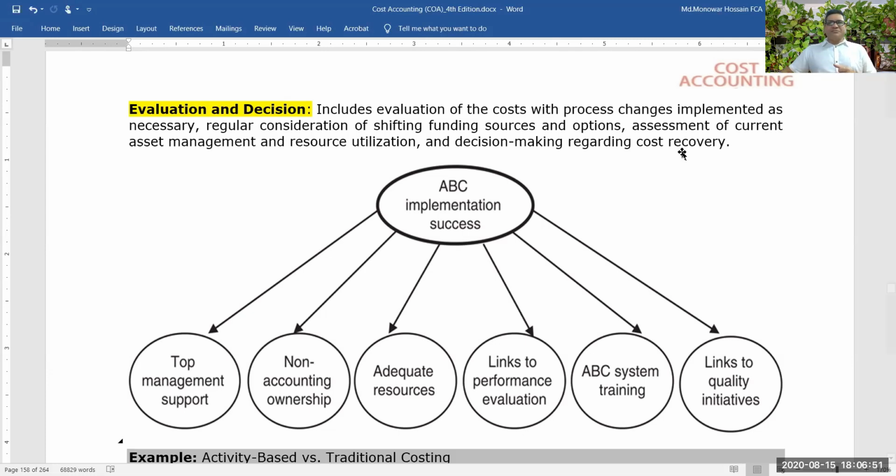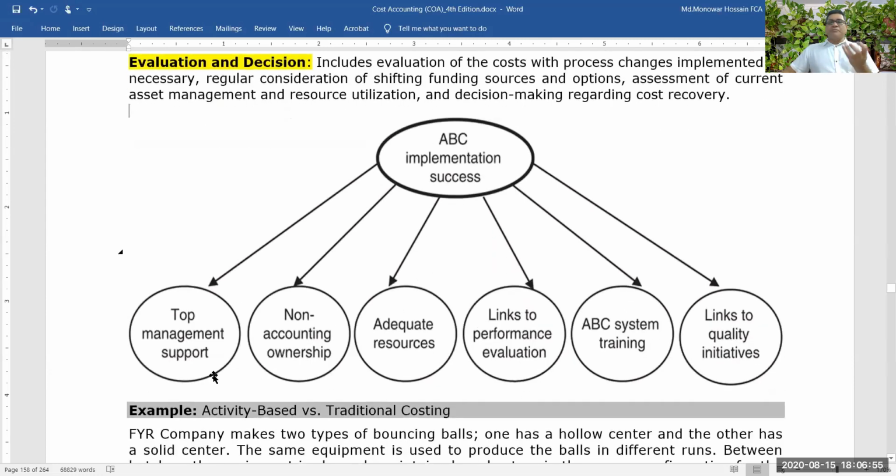So ABC implementation success will depend on top management support within the organization and non-accounting ownership, adequate resource linked to the performance evaluation, ABC system training, links to quality initiatives.